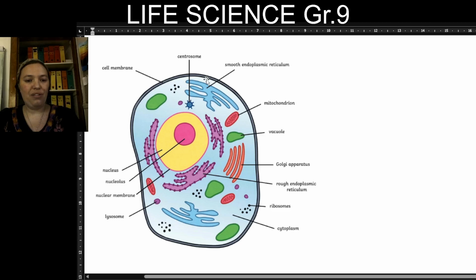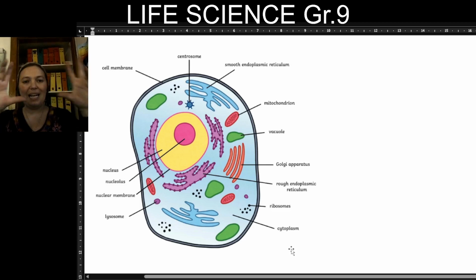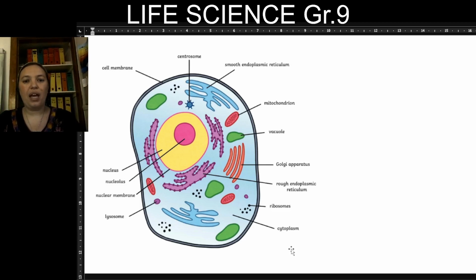Then let's go to the fluid next, here at the bottom, the cytoplasm. The cytoplasm is basically the liquid that fills everything. The word plasm is basically like water, liquid. Technically it's not a liquid, it's more in between liquid and jelly, a plasm or plasma.